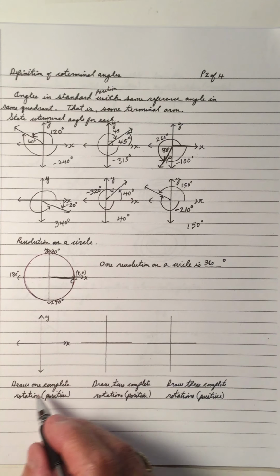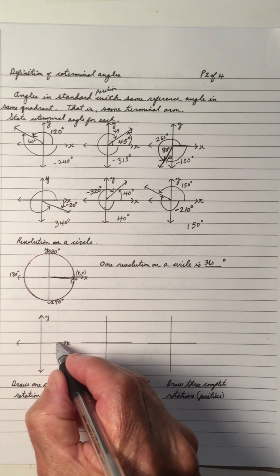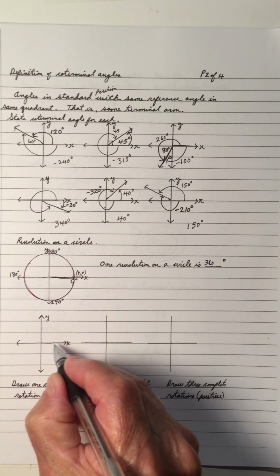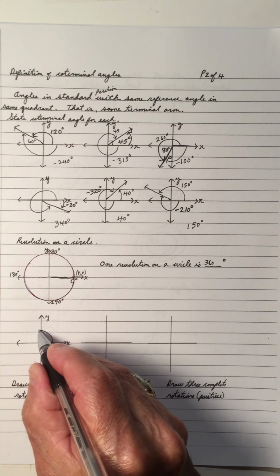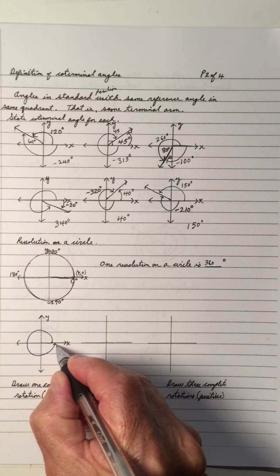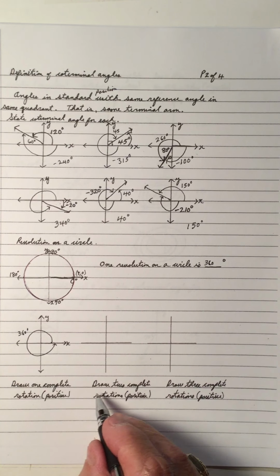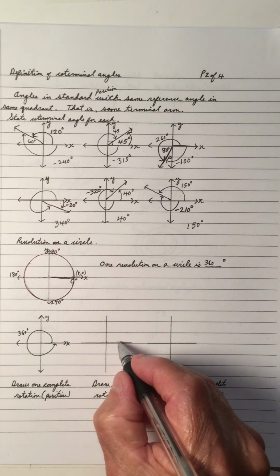So if we want to draw one complete revolution positive, then we'll start at the initial arm and we'll go around once. We'll come back to that initial arm. So that's a 360-degree rotation. Draw two complete revolutions positive.